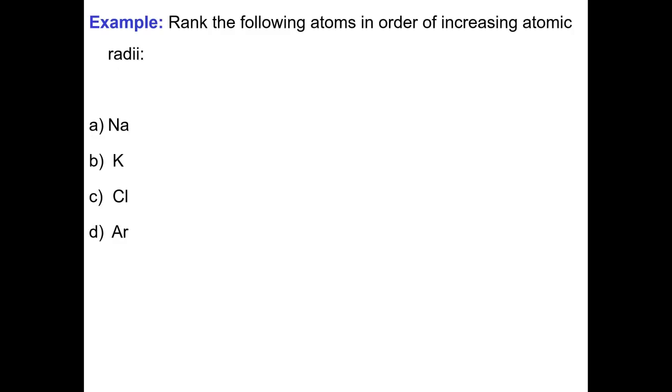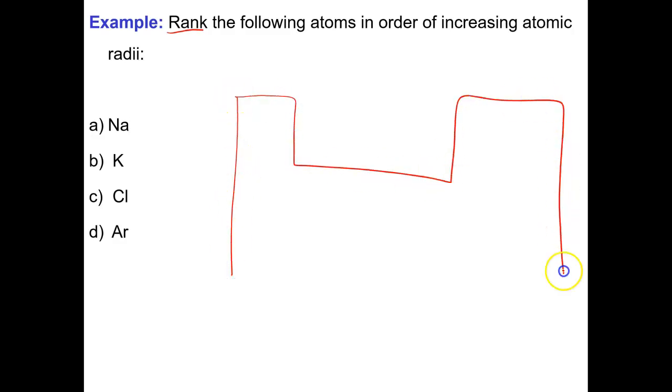So a typical question would be to rank atoms in order of increasing atomic radii. So we want to look at our periodic table to do this. Sodium's in group 1A, period 3. Potassium's also in group 1A, but it's in period 4.